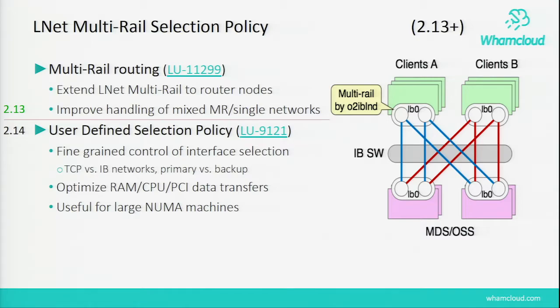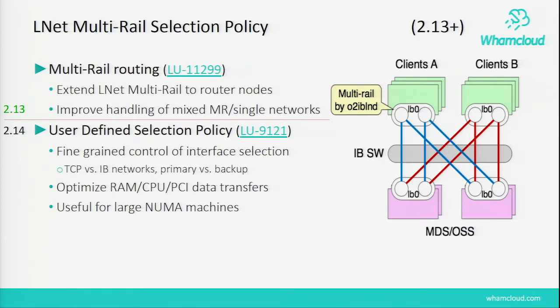The multi-rail routing functionality was added, and so in addition to handling direct connections between clients and OSTs and MDTs, if there's a LNet router in between, so if you have a bridged network, maybe InfiniBand to Ethernet or OPA to InfiniBand, the LNet routers can have different numbers of interfaces on either side, and it will effectively load balance and handle failures across those interfaces.